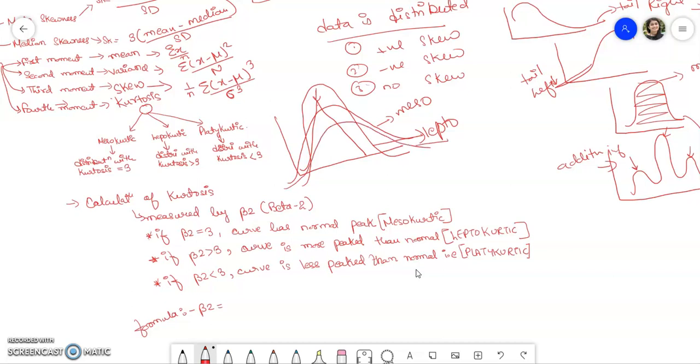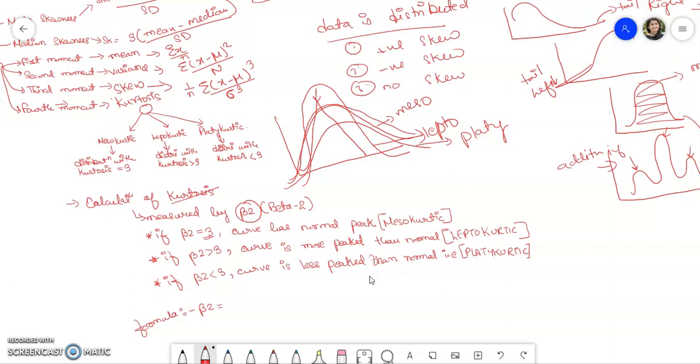So this is my platykurtosis, and there is a way to calculate the kurtosis. It is measured by the beta value, that is the beta 2 value. If the beta 2 value is equal to 3, the curve has a normal peak. In mesokurtosis, it is looking like a normal peak. It is not very pointy, it is not towards the downside.